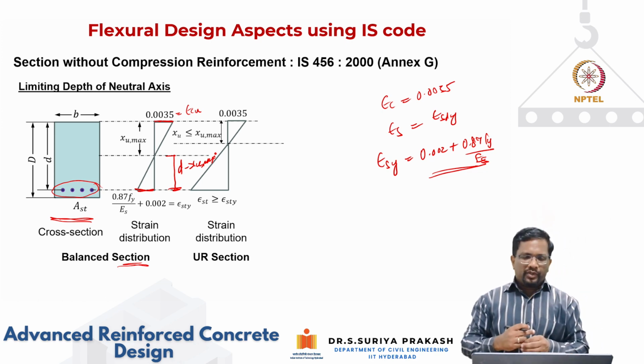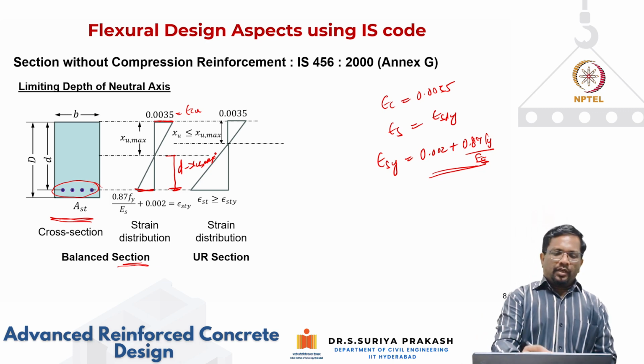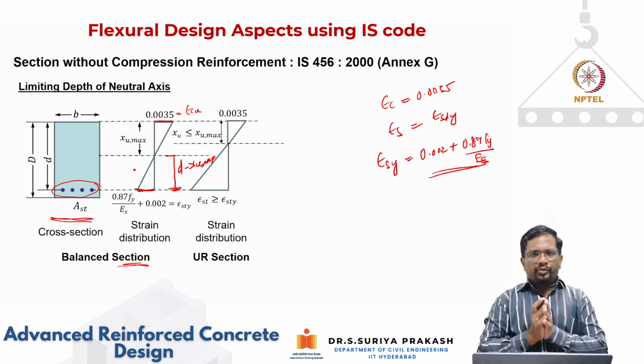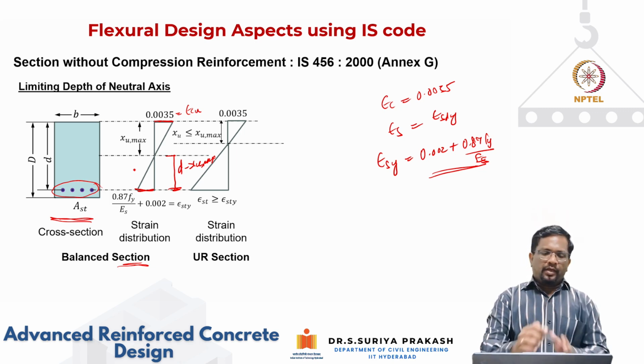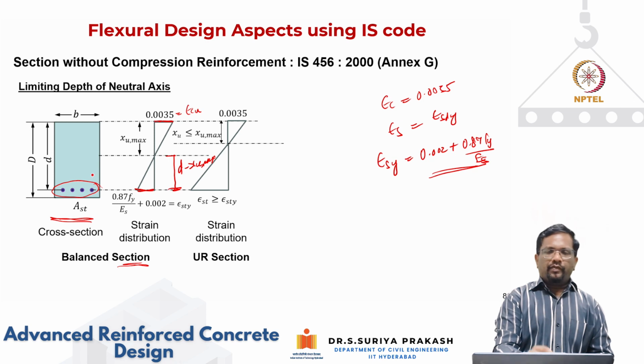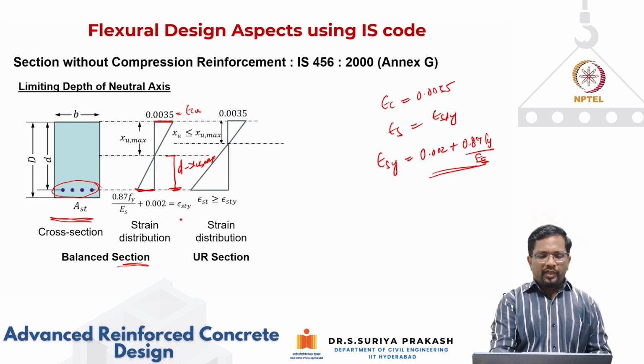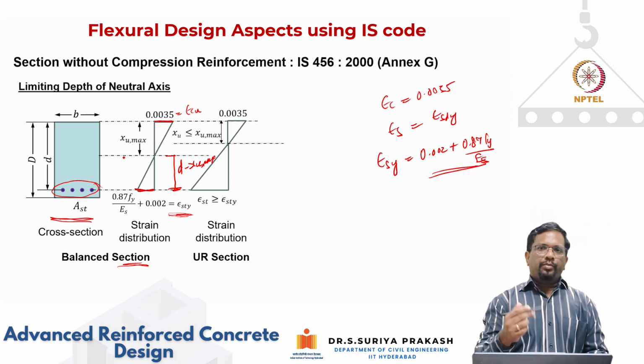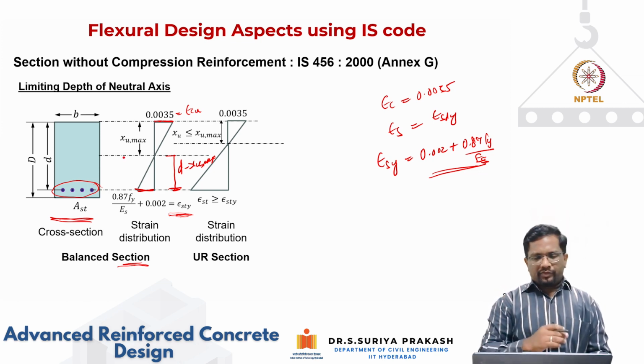Why are we doing this? In a section, I can put only so much reinforcement so that the strain in the steel when it is failing should at least reach this strain. So this is the maximum xu max that I can allow in my flexure design if I am following IS 456 provision.